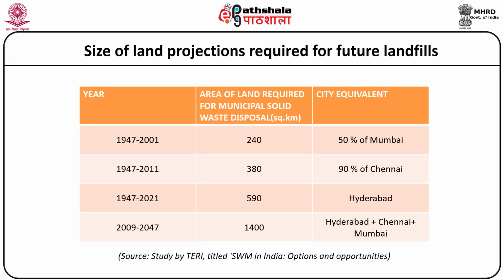From 1947 to 2011, 380, which is 90% of Chennai. From 1947 to 2021, 590, which is equivalent to Hyderabad, and 2009 to 2047, 1400. The area of land required for municipal solid waste is 1400 square kilometers, which is Hyderabad plus Bangalore plus Chennai plus Mumbai. So that's the situation.